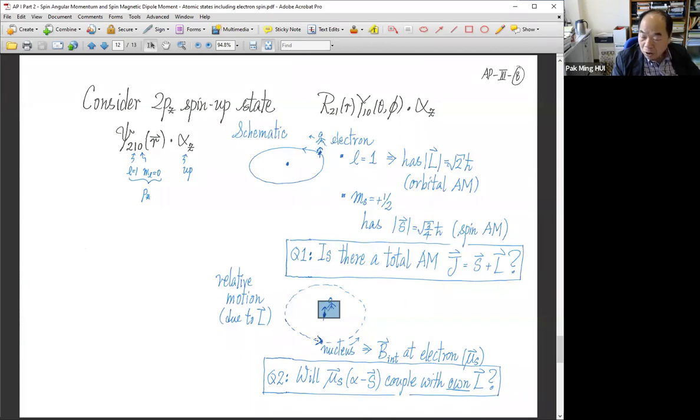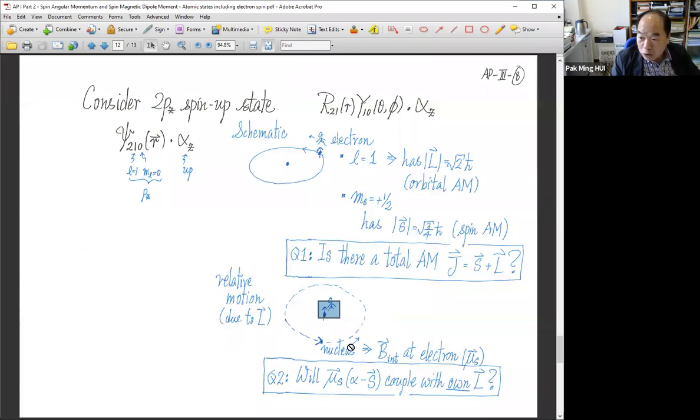But this is a proton, for example, in hydrogen atom, therefore it's a current loop. And thereby, the place that I sit here experiences a magnetic field due to this apparent motion of the nucleus.